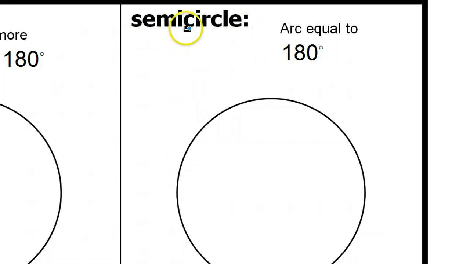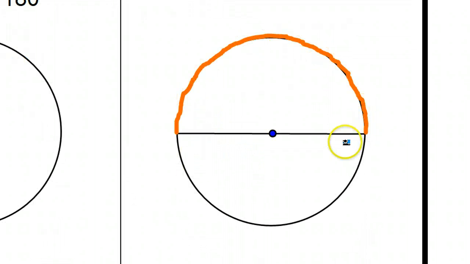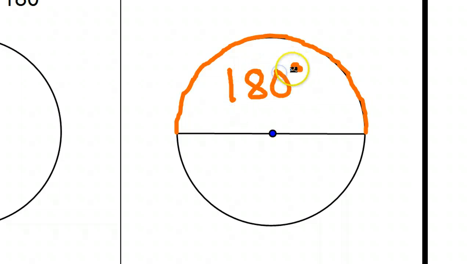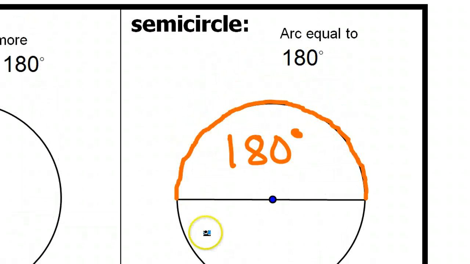Semi meaning half. So 180 degrees is half of a circle. It's very hard to draw this neatly, but this is a semicircle. It's half the circle. It is 180 degrees.